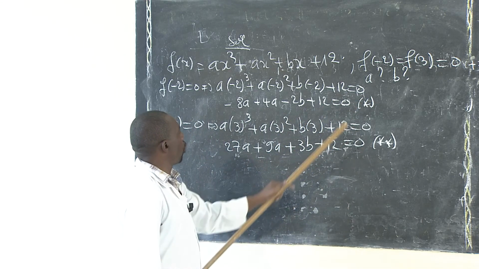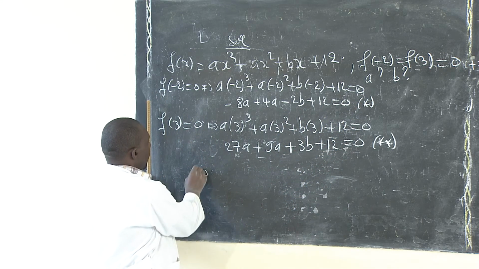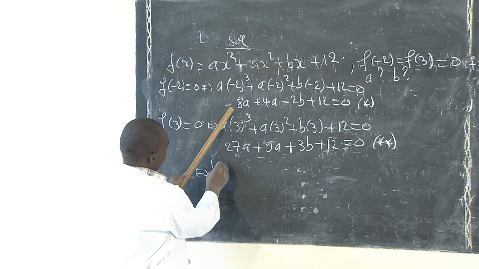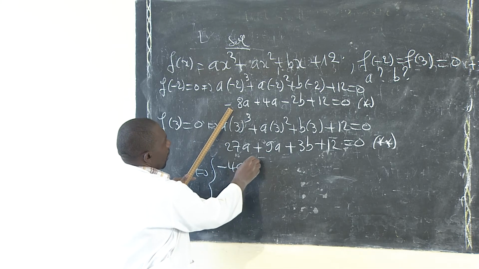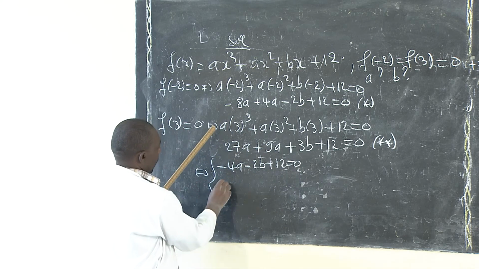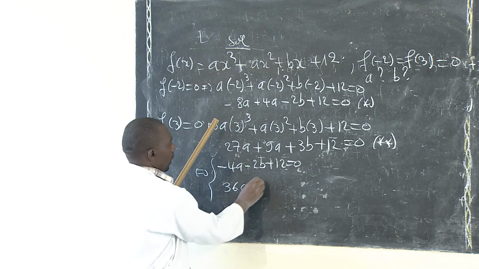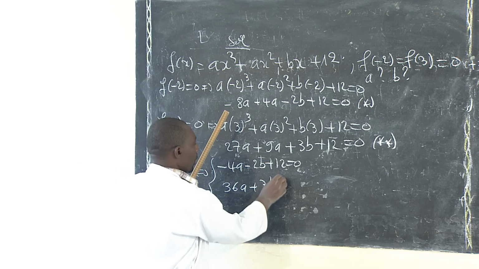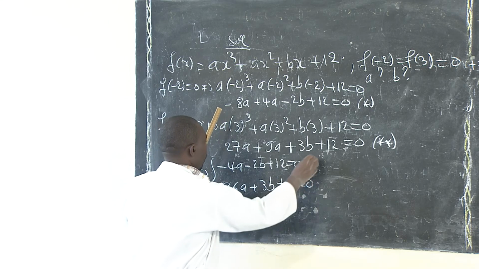Solving these two equations, we have minus 4a minus 2b plus 12 equals 0, and 36a plus 3b plus 12 equals 0.